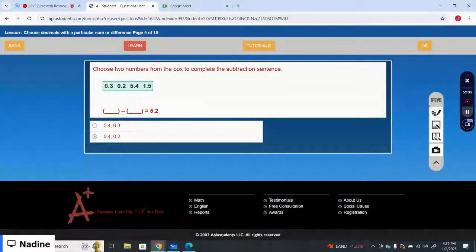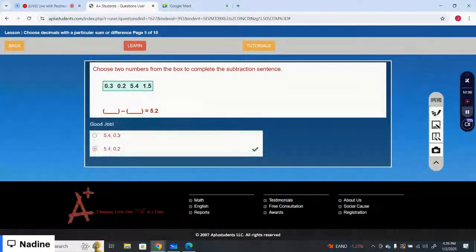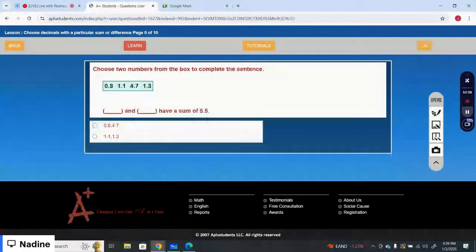Option number two is the correct option, right? The two numbers have the difference 5.2.